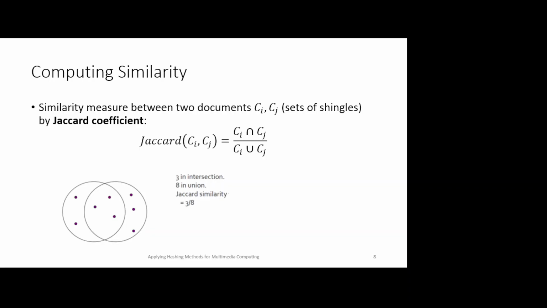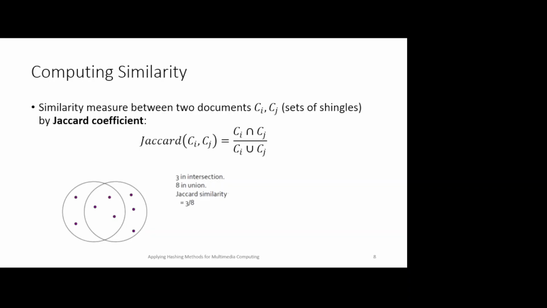The right circle is the second document, and it has 1, 2, 3, 4, 5, 6, so it contains 6 shingles. Then how do we measure their similarity?